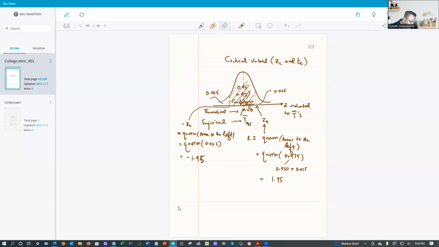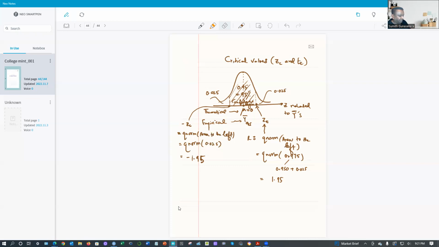So these are the cutoff values. You can easily find those.